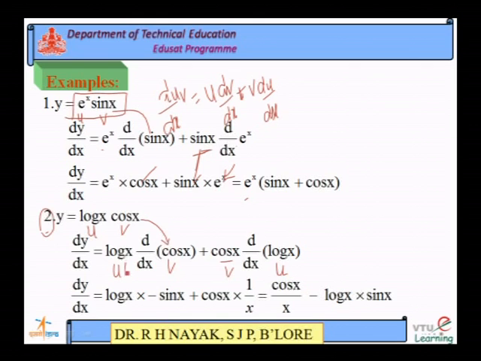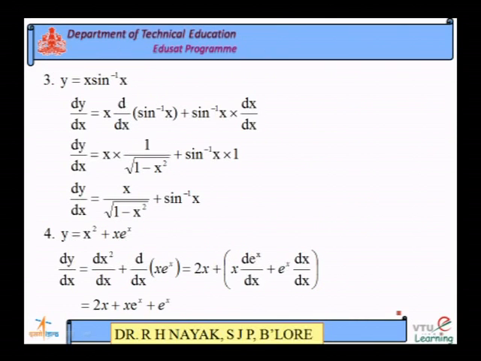Log x is taken as it is. Differentiation of cos x is minus sin x, plus cos x is taken as it is. Differentiation of log x is 1 by x. Therefore minus log x into sin x plus cos x into 1 by x, that is, cos x divided by x minus log x into sin x.